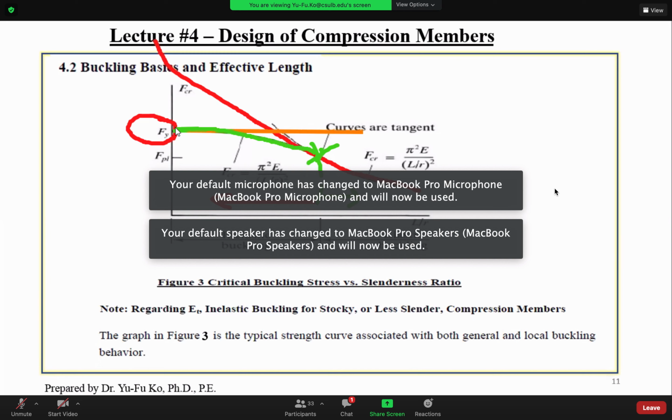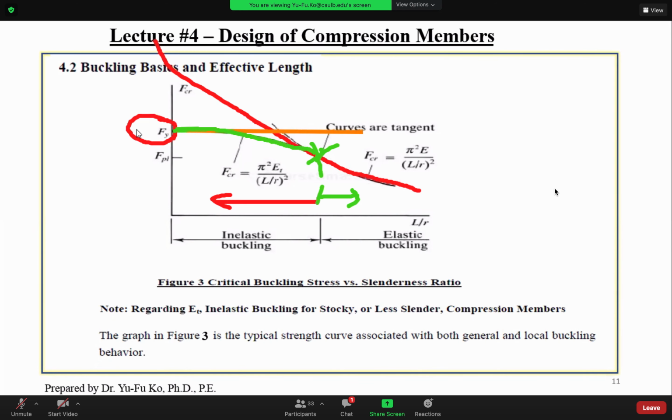Yeah. You need to be capped, like I said, by Fy. Then, for design purposes, the specification proposed a transition line like this between Fy and this point. Beyond this point, you can continue to use Euler's buckling equation. On the right-hand side here, we call it elastic buckling.